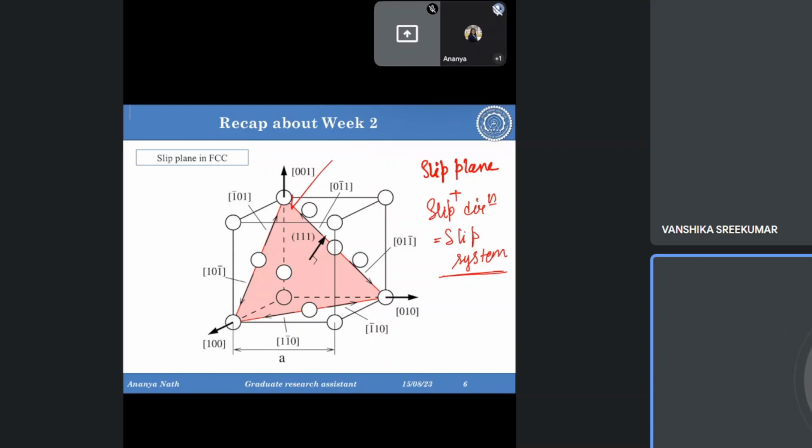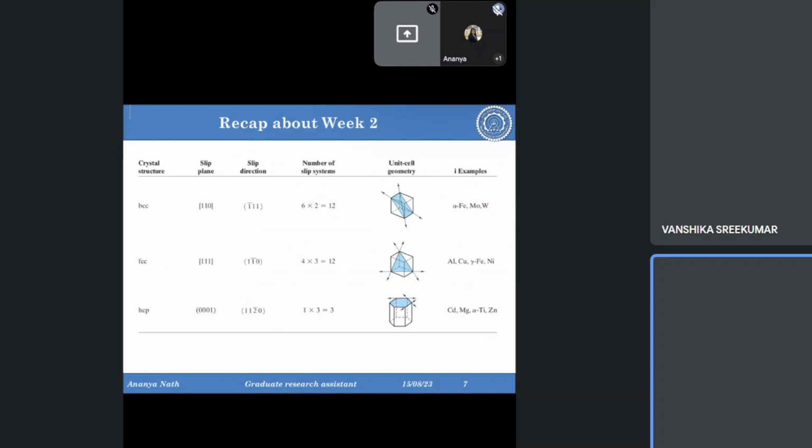So this is about slip plane. It was also related to the dislocation, that's why I have added it. Here you can see for BCC, FCC and HCP, there are a number of slip planes. Active slip planes are the ones along which the dislocations will move. But unless you apply some external stress, force, strain or temperature in that lattice, the slip planes will not allow the dislocations to move. In FCC the number of active slip planes is more than in BCC.